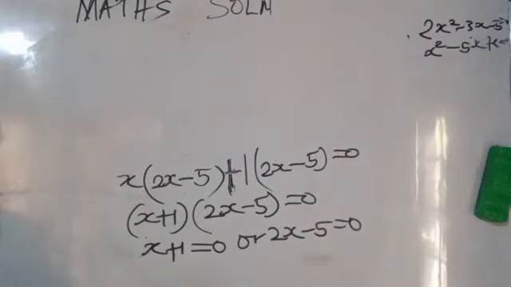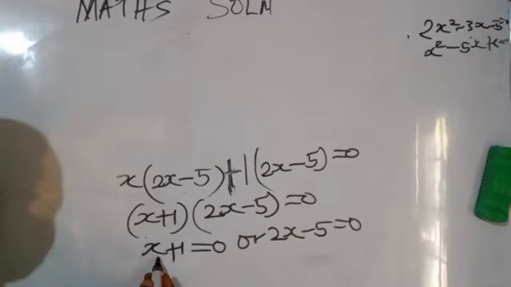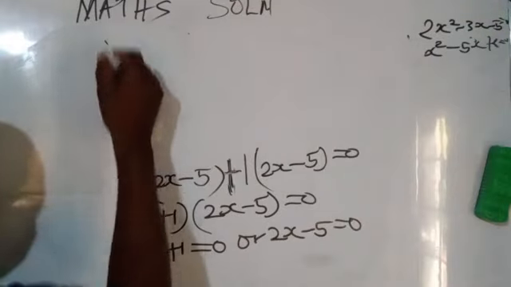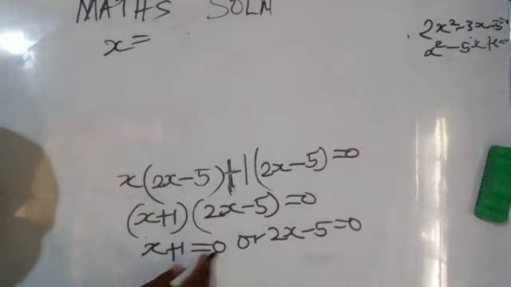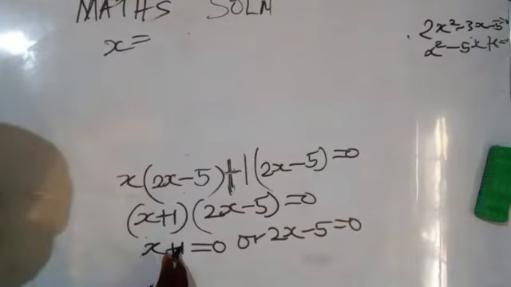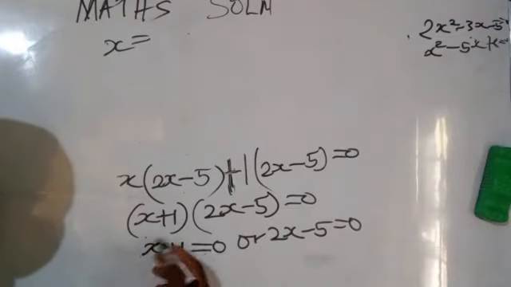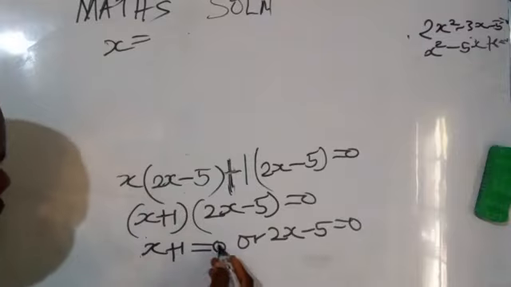Now, making x the subject of the formula, you have that x equal to, now this is 0. Now when you collect these like terms, you transfer this plus 1 to here, to meet this 0. If plus 1 crosses the equality sign, it becomes minus 1.